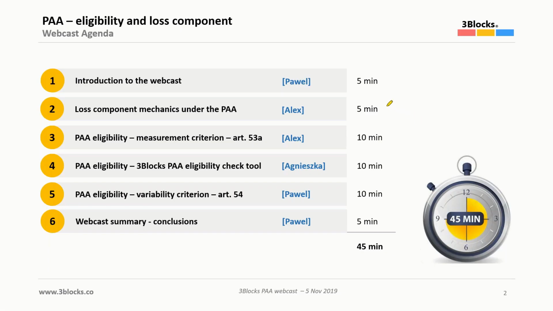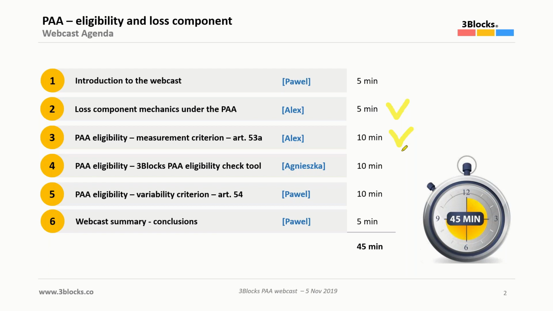This is the agenda for today. First, Alex will explain the loss component mechanics under the PAA. She will analyze how it differs from the general model, and she will demonstrate the accounting treatment of the loss component under the PAA. Then we will start a block dedicated to the PAA eligibility assessment. Alex will make an introduction to the measurement criterion.